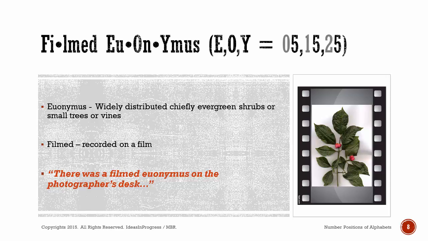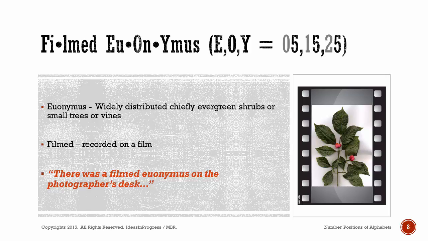The fifth combination was EOY. Its position was 5. The mnemonic for it is Filmed EOunYmus. Now EOunYmus is not a common word, but this is the best word that I could find that fits the combination EOY.